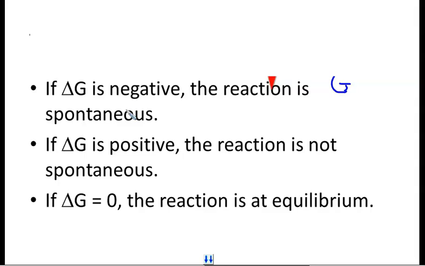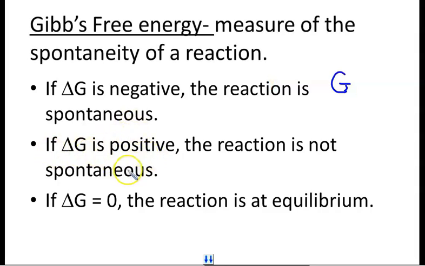You're going to have to put some energy in to make it stretch. So that's a good example. So delta G positive, it's not spontaneous. And when delta G is at 0, the reaction is said to be at equilibrium. That means the forward and backward reactions are going at pretty much equal rates with one another.